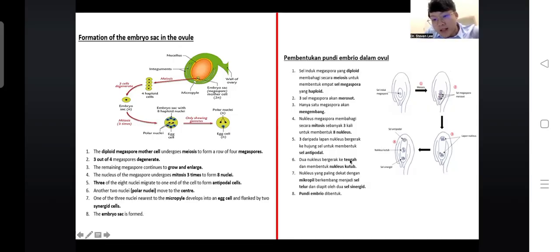So 2 nukleus bergerak ke tengah dan membentuk nukleus kutub. This one. Nukleus yang paling dekat dengan micropyle akan berkembang menjadi sel telur, the egg cell. This is too small to picture, it is the middle. Dan diapit oleh 2 sel synergid, the wingers at the side. So after they arrange like this, pundi embrio dibentuk.